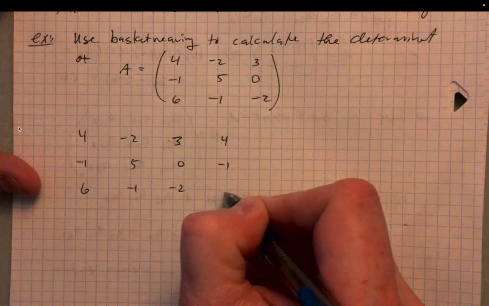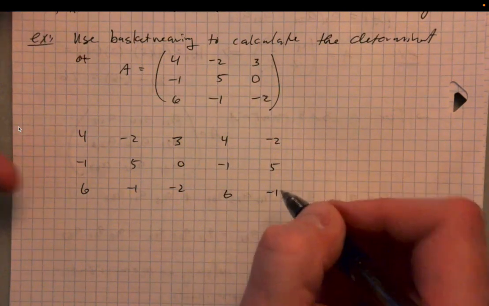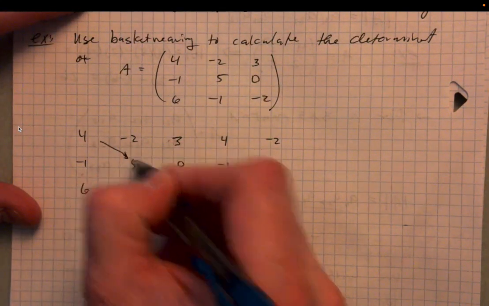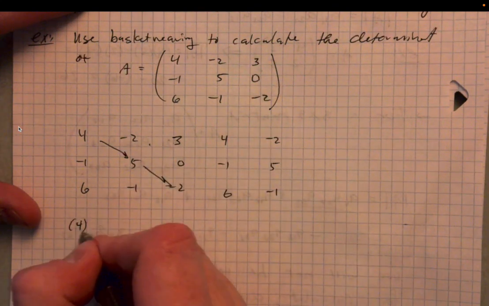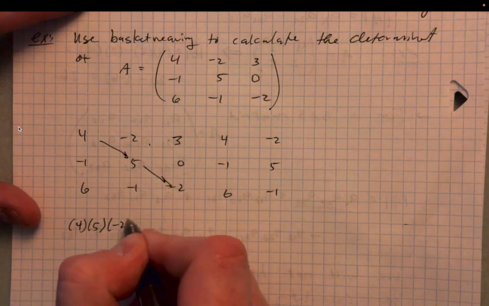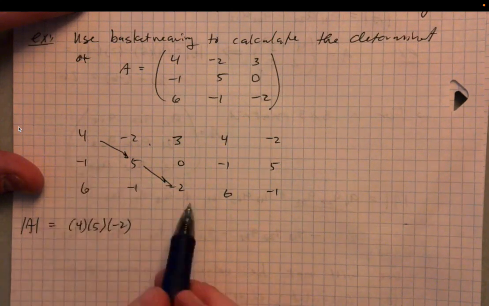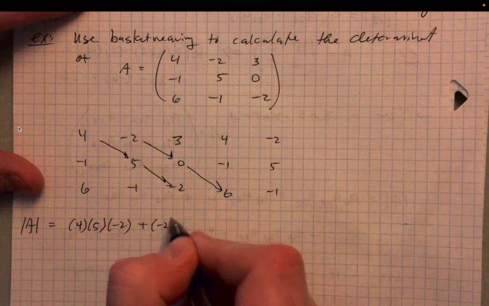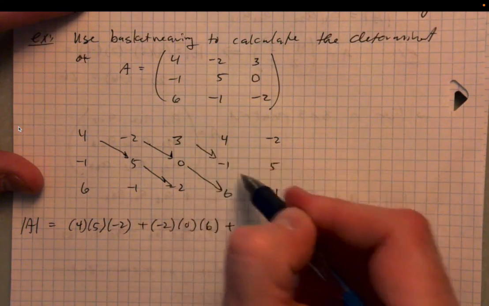So 4, -1, 6, -2, 5, -1. We've got to multiply those three together, so we'd have 4, 5, -2. The determinant's going to be equal to those three, plus those three, plus those three.